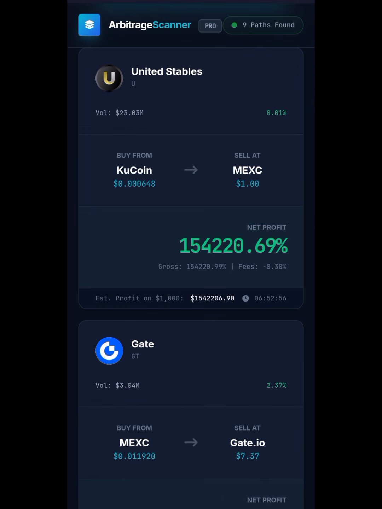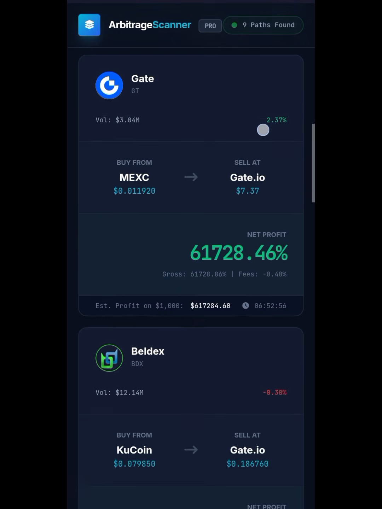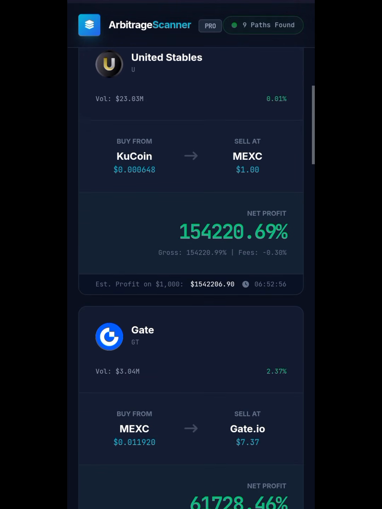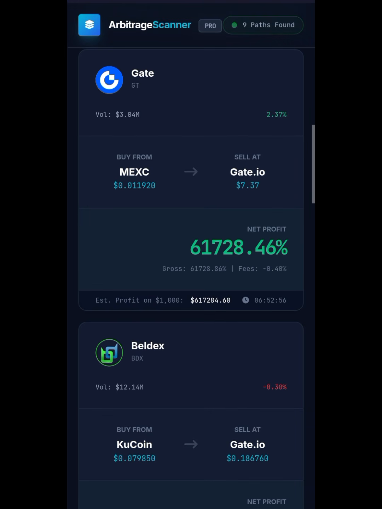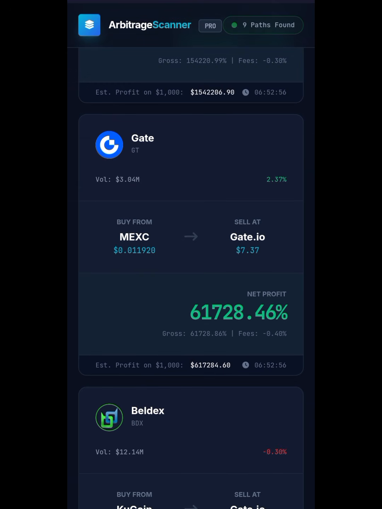So now we are done with the scanning, right? We have this United States one, basically nonsense, because you can see there's a special price difference that doesn't make sense, right? On Gate.io, we have this expected price, but it's like 61,000%. That basically means it's not real.